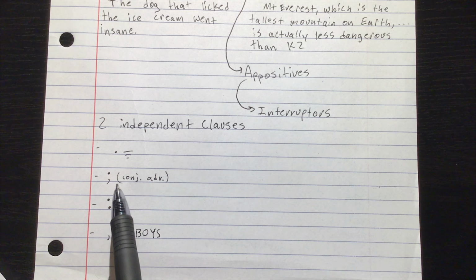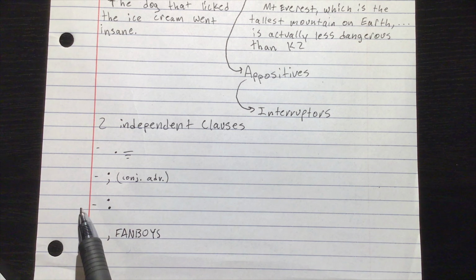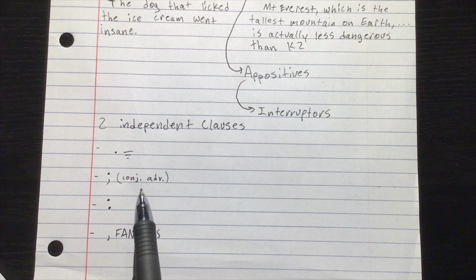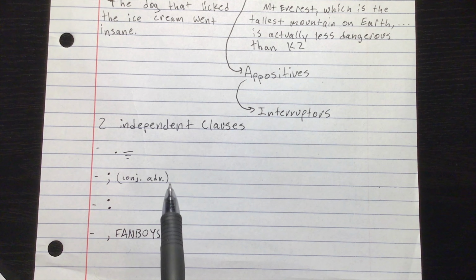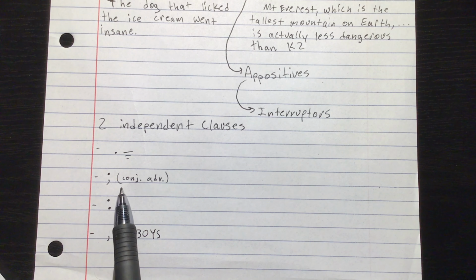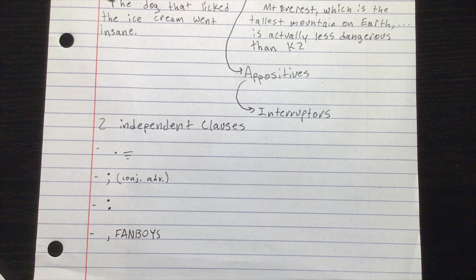So you could have a semicolon and then a however or meanwhile or likewise or also or anyway, something like that, and then a comma. Third way, you could have a colon divide up two independent clauses. And then the fourth way, and the one that has to do with commas, is a comma and then a fanboys conjunction. So a fanboys conjunction is for, and, nor, but, or, yet, or so.